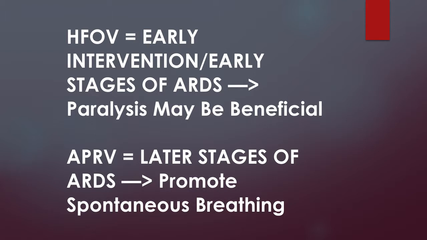From a hemodynamic standpoint, one study examined right ventricular function in ARDS patients receiving the oscillator by using transesophageal echocardiography, and they found that over half the patients had right ventricular dysfunction and 25% of them had right ventricular failure just at baseline.